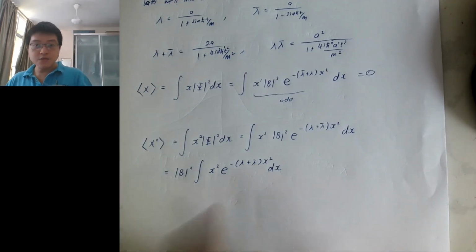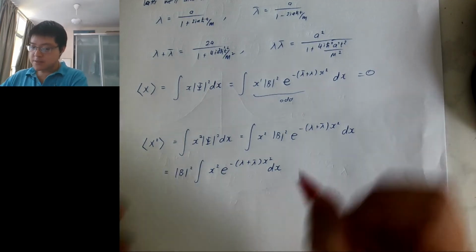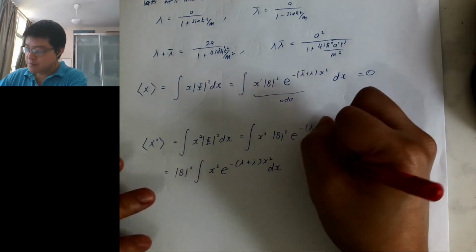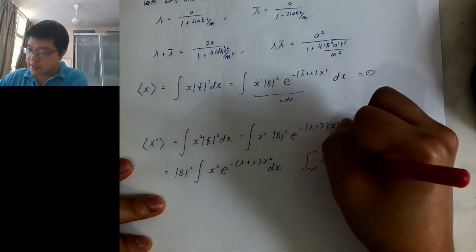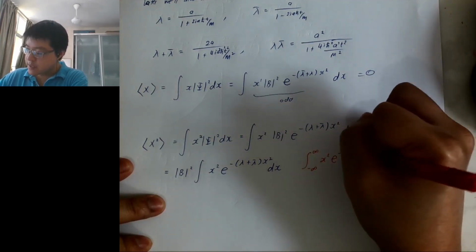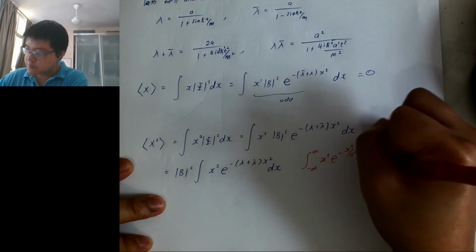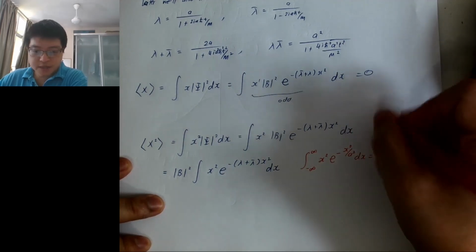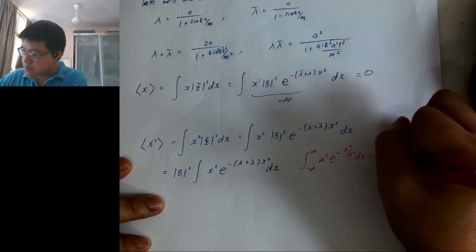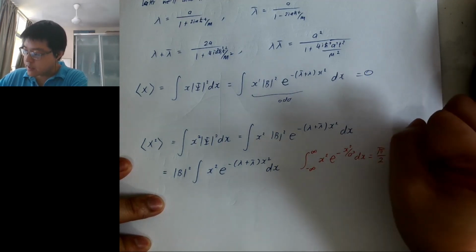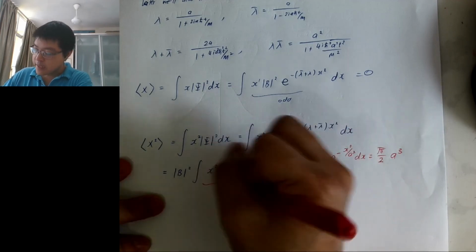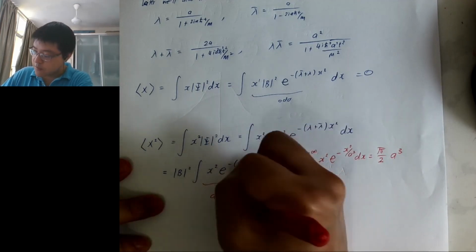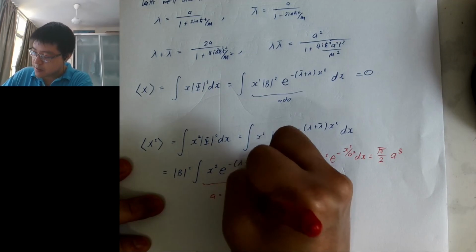Now, how to do this integral? We use the formula. The formula was quite far away by now, so let me put it again here. This is integrating x squared e to the minus x squared over a squared with respect to dx. This gives me root pi over 2, and then a to the power 3. So for this case, my a squared is 1 over (lambda plus lambda bar).